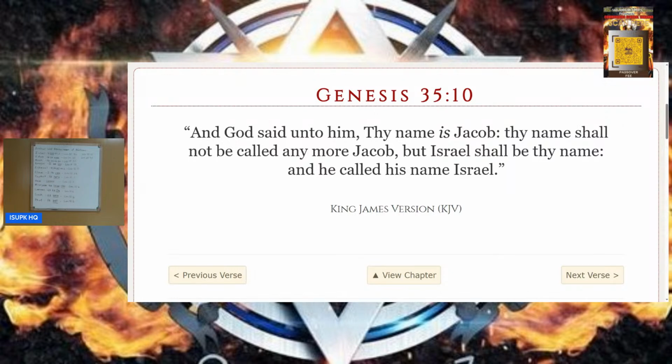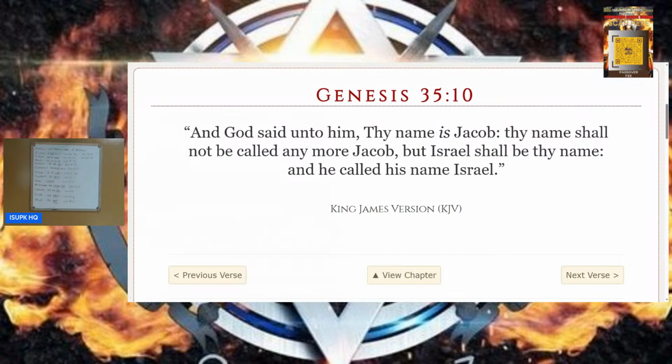Thy name shall not be called any more Jacob, but Israel shall be thy name. And he called his name Israel. So this is where you're seeing now his name change.